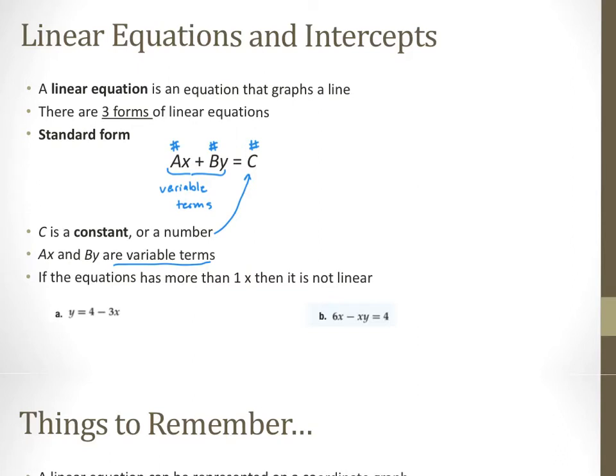Other things to notice about this equation. Let me write this in red so you remember. A is greater than or equal to 0, and A and B cannot both be 0.